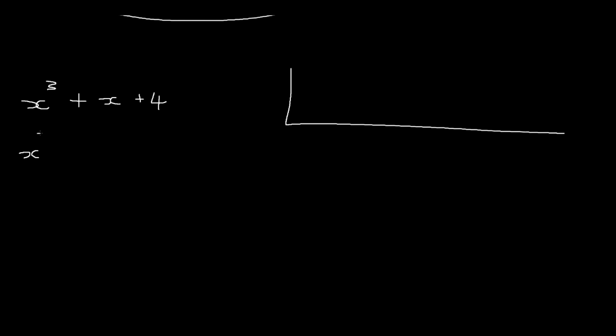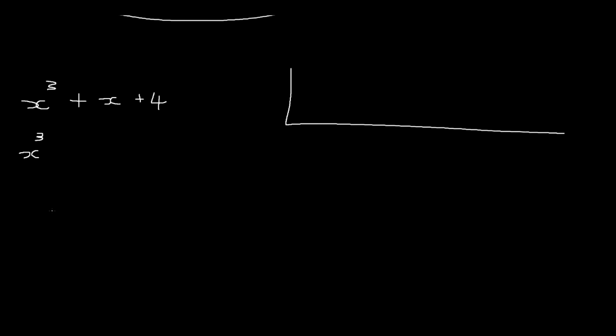Let's just chat about this one before I bounce. What about x cubed plus x plus 4? If we find the possible zeros, we have to do synthetic division. But now, I can rewrite this as x cubed plus, as we see that there's an x squared missing.